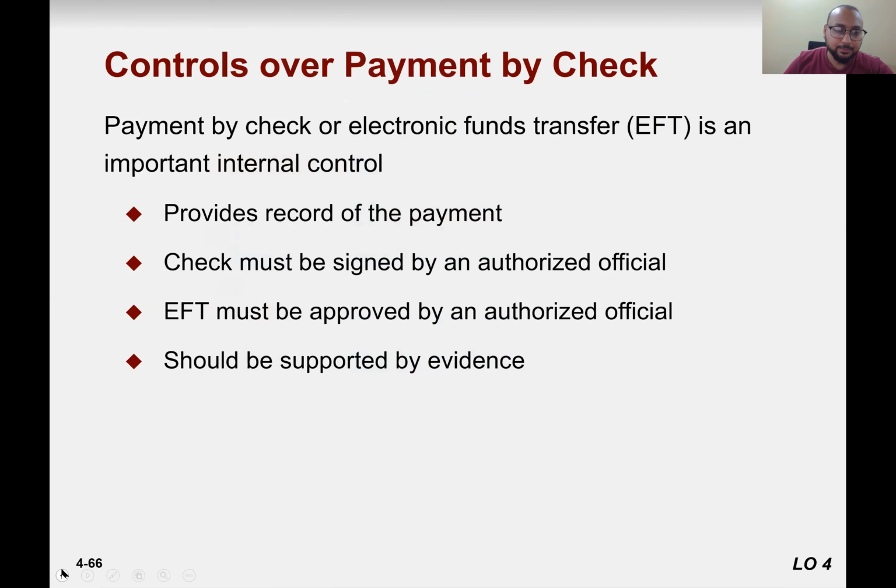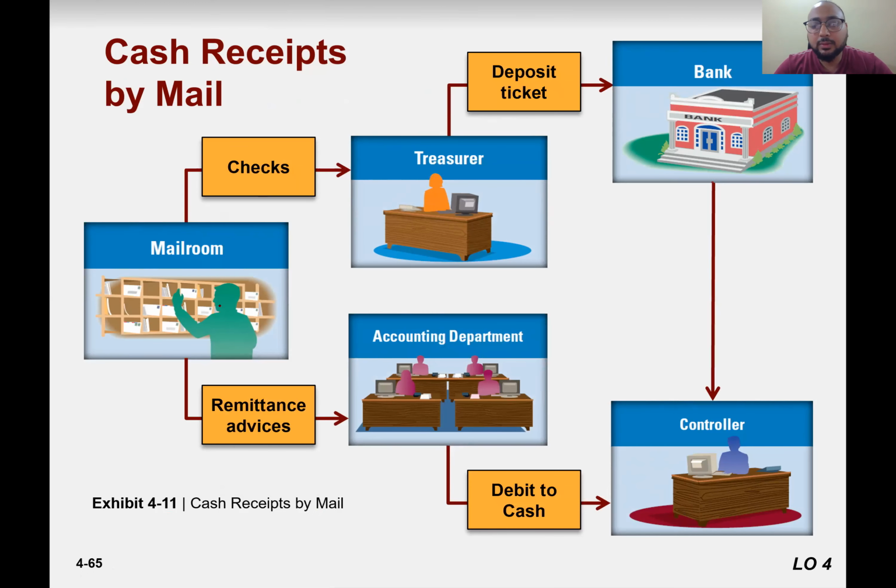There we go. You see here, the mail room and the check. The check's details are sent to the accounting department and the check is transferred to the treasury, and they deposit it with the bank and receive a deposit ticket, a receipt, right? They keep it with themselves and update the system.